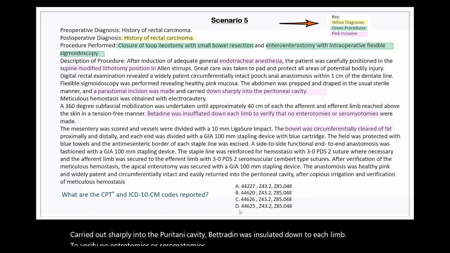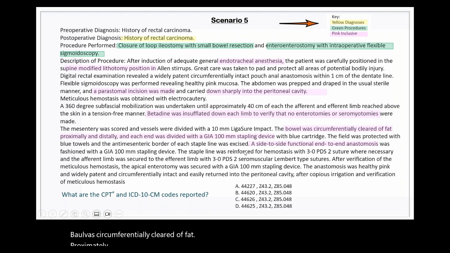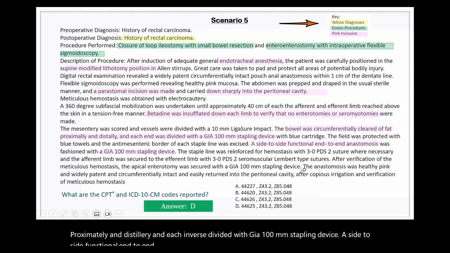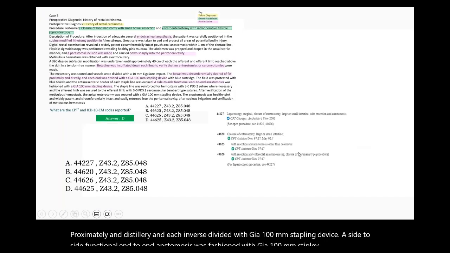The bowel was circumferentially cleared of fat proximally and distally, and each end was divided with a GIA 100 mm stapling device. A side-to-side functional end-to-end anastomosis was fashioned with a GIA 100 mm stapling device. The correct answer is going to be option D.